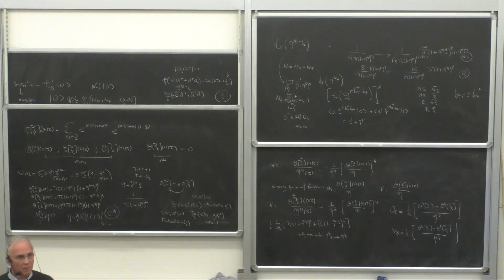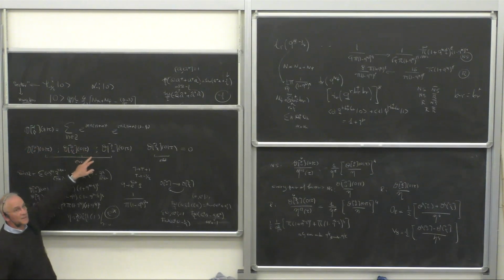So during the break, one of you asked, what is the point of rewriting everything in terms of theta functions? And the answer is that writing in terms of theta functions, this expression gives us immediately the behavior of these expressions under modular transformations. You could say that mathematicians did the work for us, but in fact the work in this way of formulating things is relatively simple.